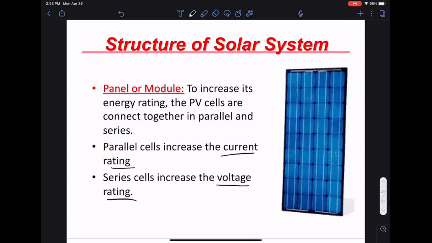Each cell is quite small, and you stack them up to make a panel that has a much higher current and voltage rating. We'll wire them together like this. Is this clear? Any questions?